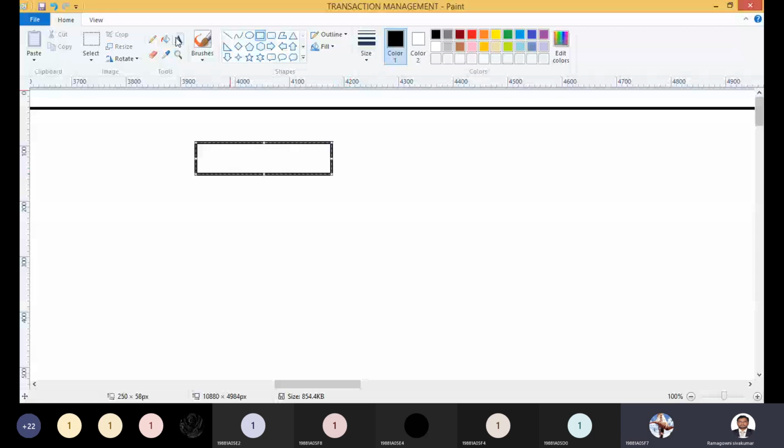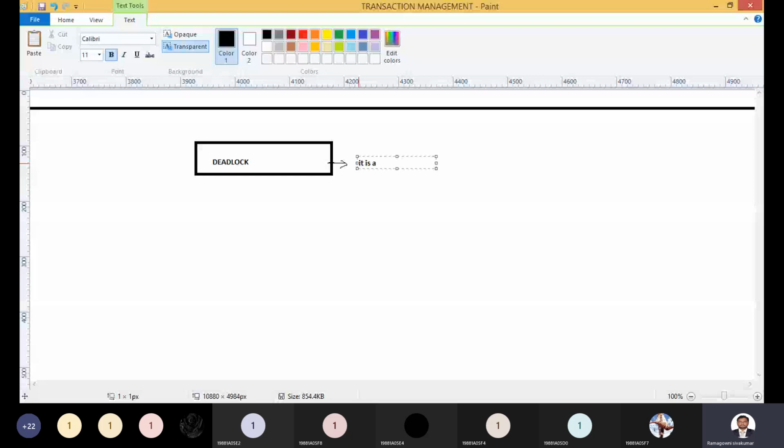All the processes will be waiting for resources. Yes, that's the simple way. So all the transactions are waiting for resources. See, how to define this in a simple way.